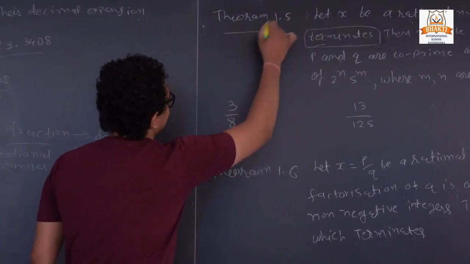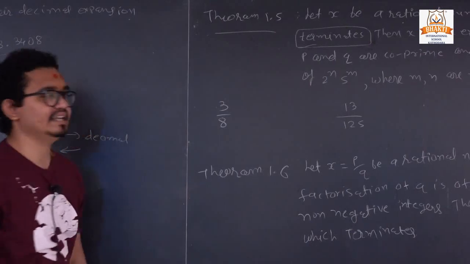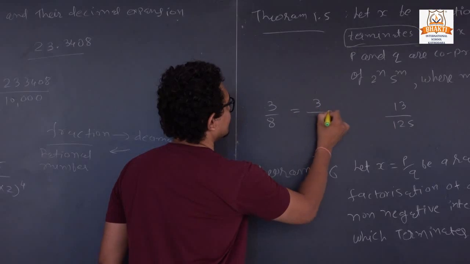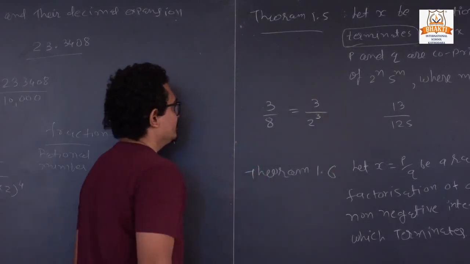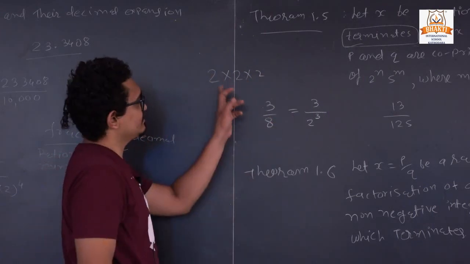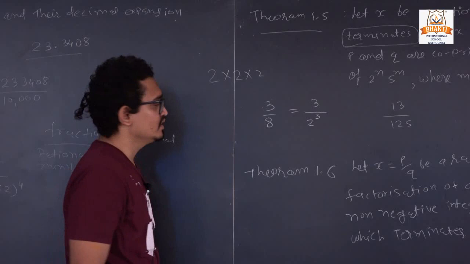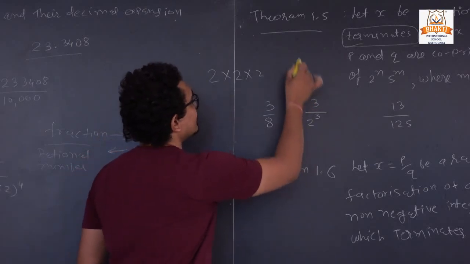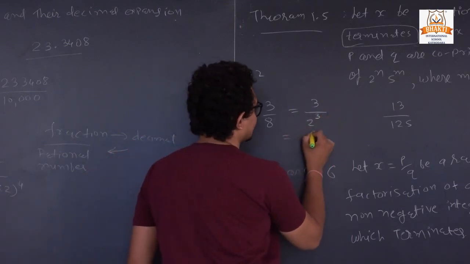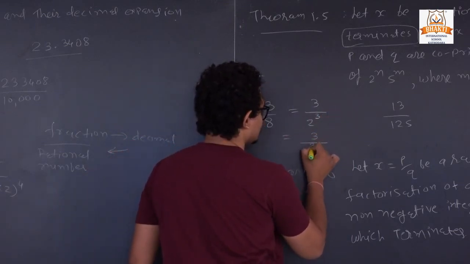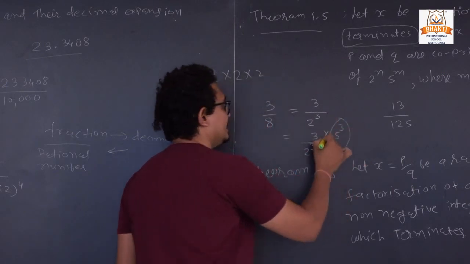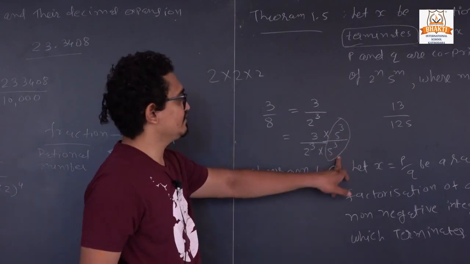So for that theorem we can take one example, 3 upon 8. The factor of 8 we can write as 2 raised to 3, because 2 into 2 into 2 will be 8. So 8 is replaced with 2 raised to 3. If I want to convert that number into the decimal form, we are multiplying 3 into 5 raised to 3, and multiplying and dividing with 5 raised to 3.